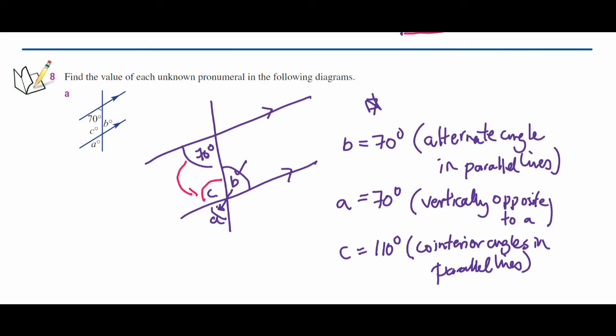So here I'm going the corresponding to this one is 110. I could also say it's 110 because the 110 and the 70 is a straight line, which is 180, or I could say the C and D is 180. So you'll see with these types of problems, there are quite a few different ways to get the answer. And if you've done it correctly, all of them will be the same.